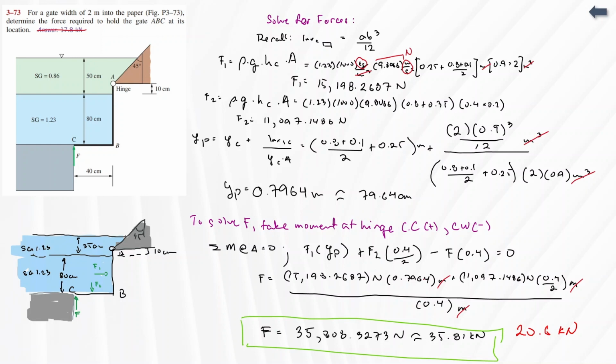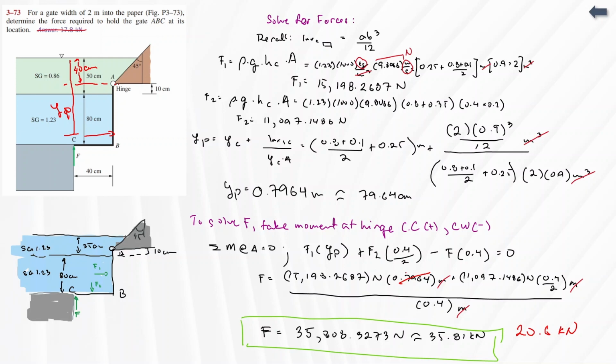All right, so correction here, I'm just going to release na lang yan. So YP is your distance all the way kasi dito eh. We're going to take moment at the hinge. So we're going to subtract the 40, dapat 40 centimeters or 0.40 meters.